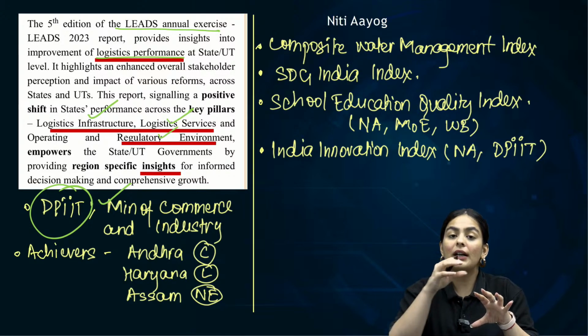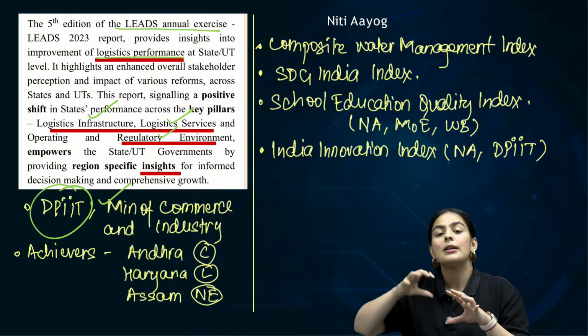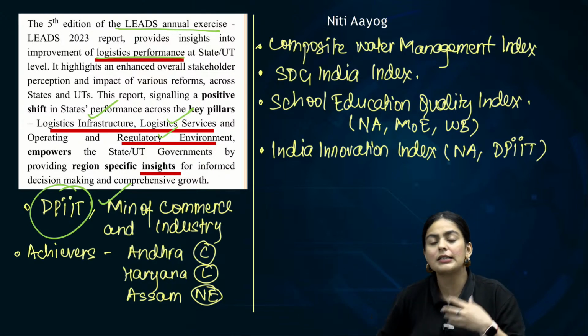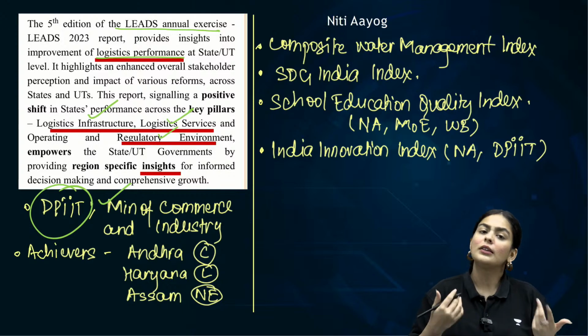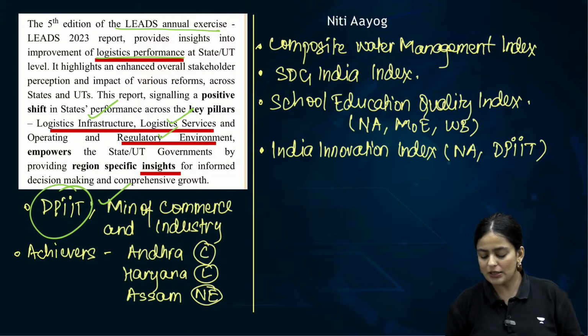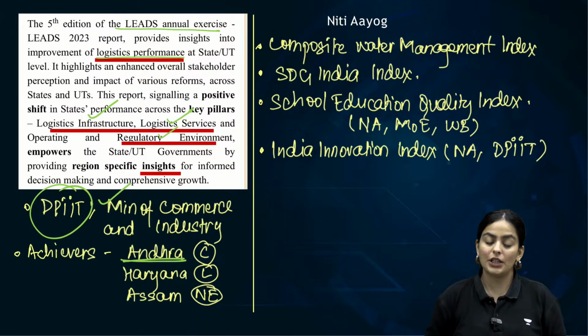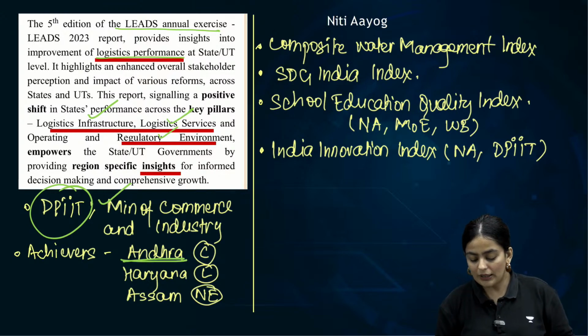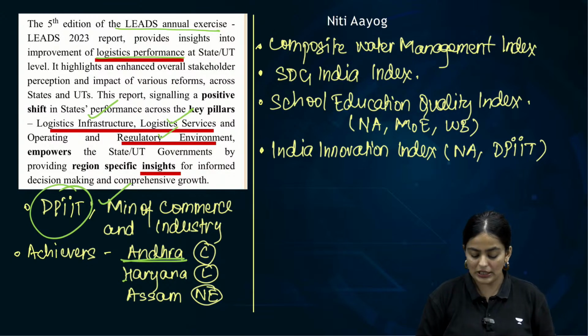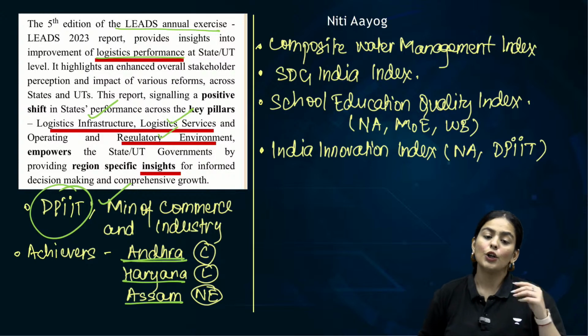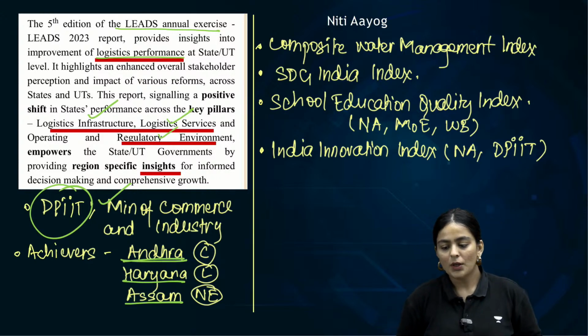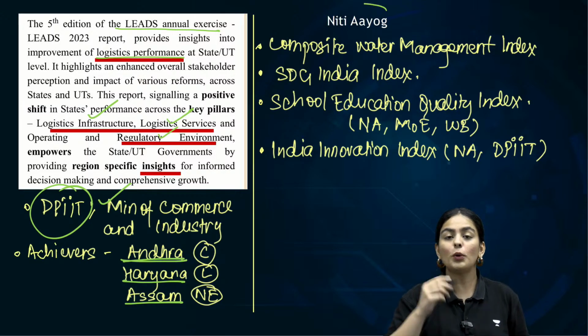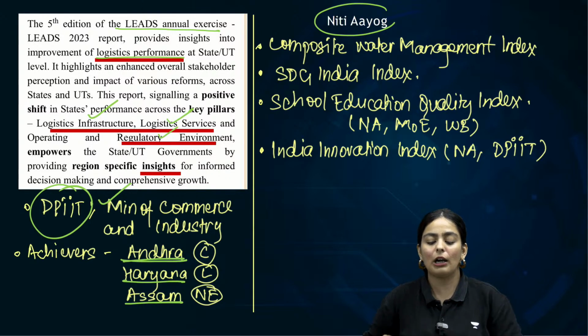For instance, there is a ranking of coastal states, a ranking of northeastern states, and a ranking of the landlocked states. So a few achiever states are Andhra Pradesh in the coastal regions, Haryana in the landlocked regions, and Assam in the northeastern category.